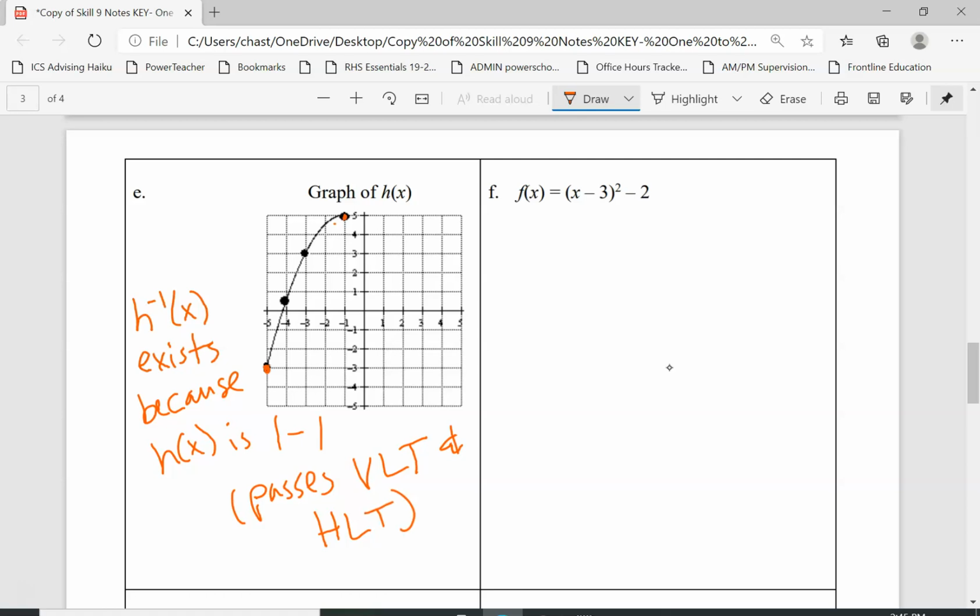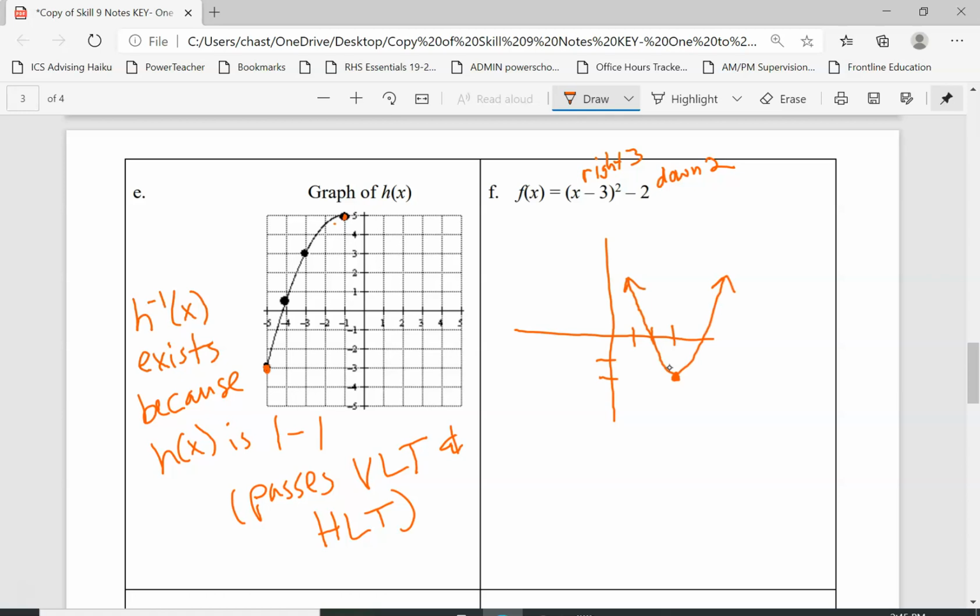Okay, the next one, f of x is this function right here. We should remember our transformations. We go right 3, down 2. And it's a quadratic, so it's going to look like this.